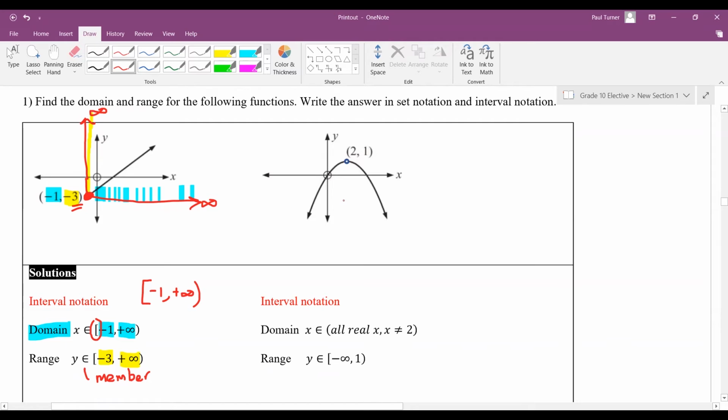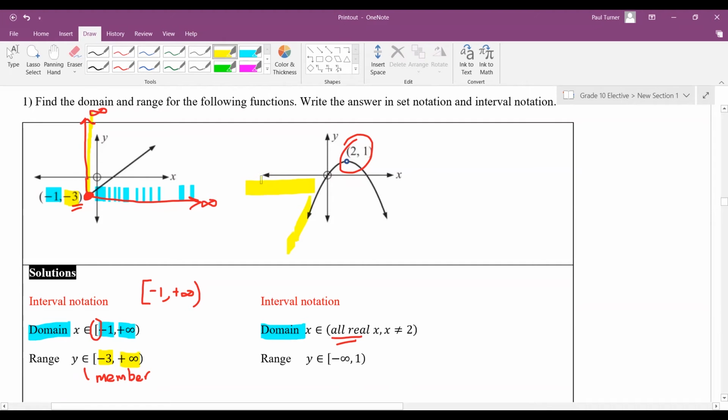Now this question here is a quadratic. Now you think about your domain. Your domain here, it's actually going everywhere except this point here. You see it's an open circle. So that's why it's all real x. So we're going from -infinity.